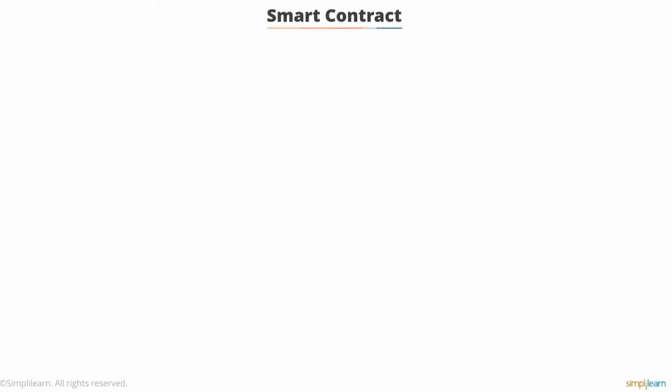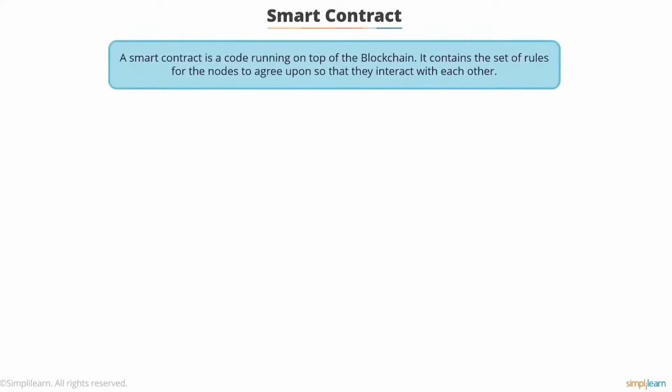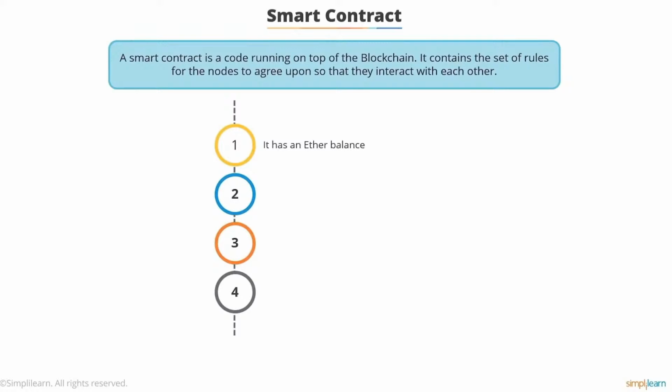Smart contract. A smart contract is code running on top of the blockchain, containing a set of rules for the nodes to agree upon so that they can interact with each other. As an account, it has the following properties. Firstly, it has an ether balance. Secondly, it has an associated code.